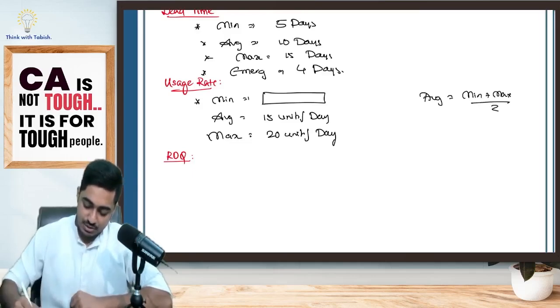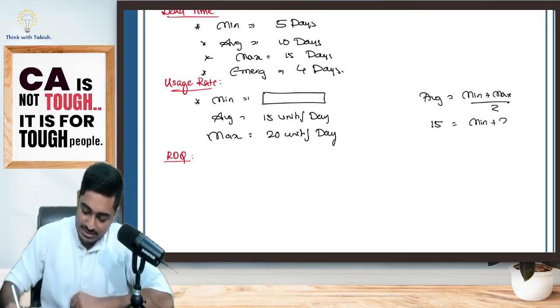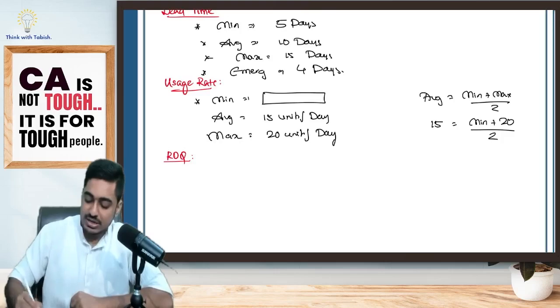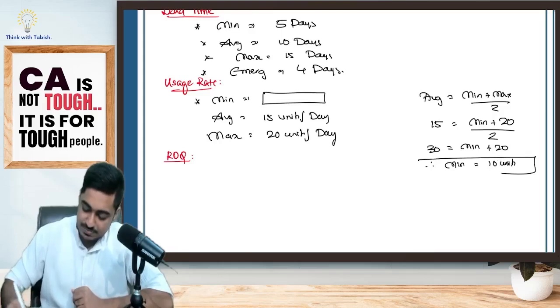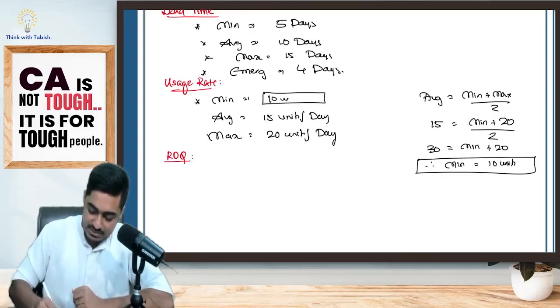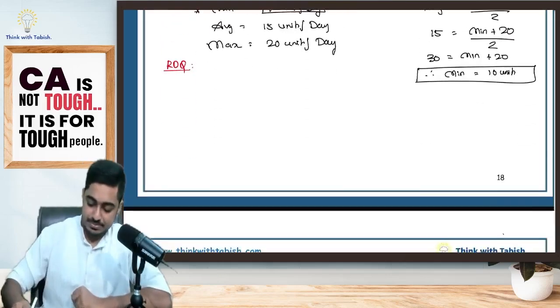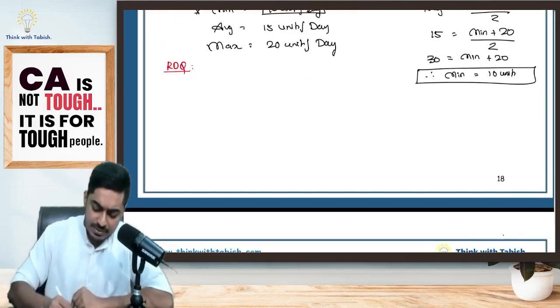I know my average, 15. Do I know minimum? No. But do I know maximum? 20. So 15 twos are 30, which equals minimum plus 20. Therefore, minimum is equal to 30 minus 20. It is 10 units per day. Is this clear, everyone? Even the basic things we'll keep writing.